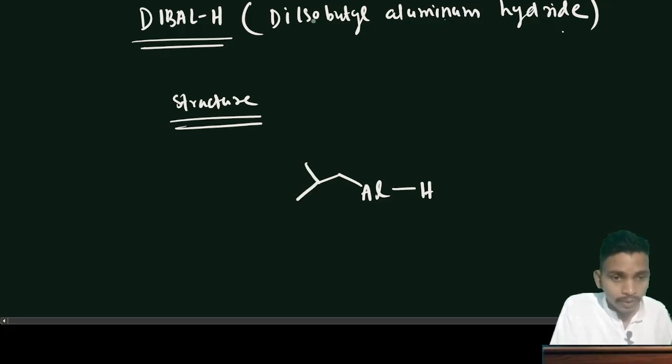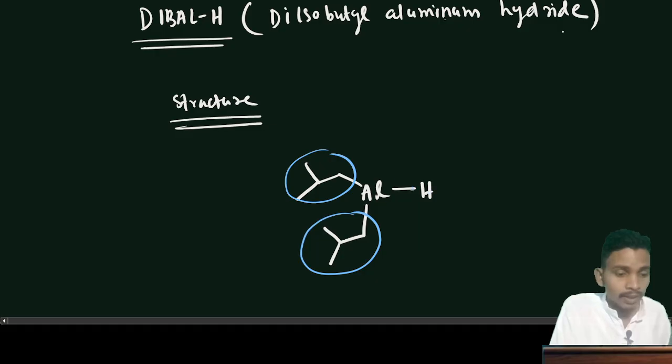This is one isobutyl, and two isobutyls will be there. So this is the structure of diisobutyl aluminum hydride: one isobutyl, another isobutyl, with the Al-H bond there. So this is the structure of DIBAL-H.